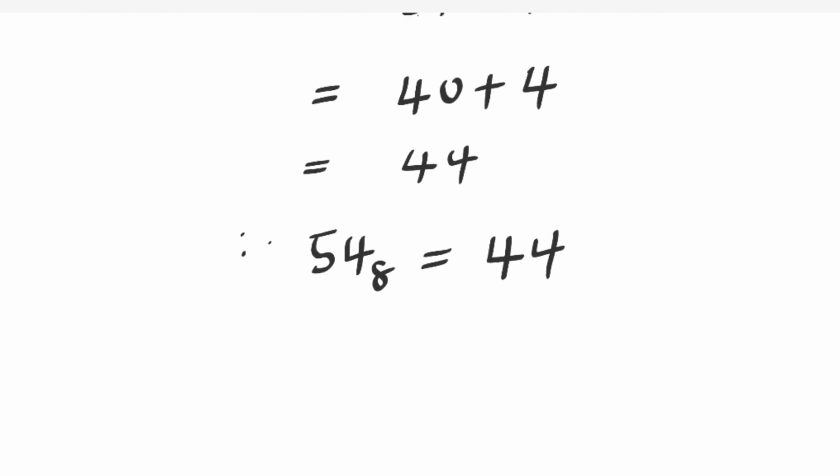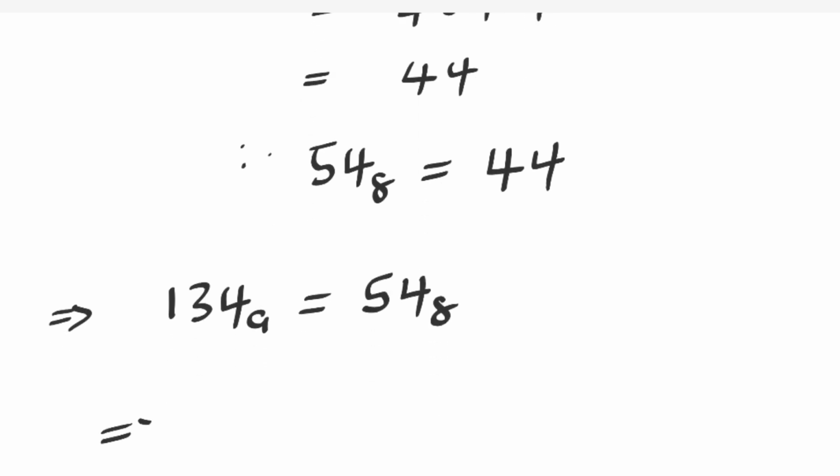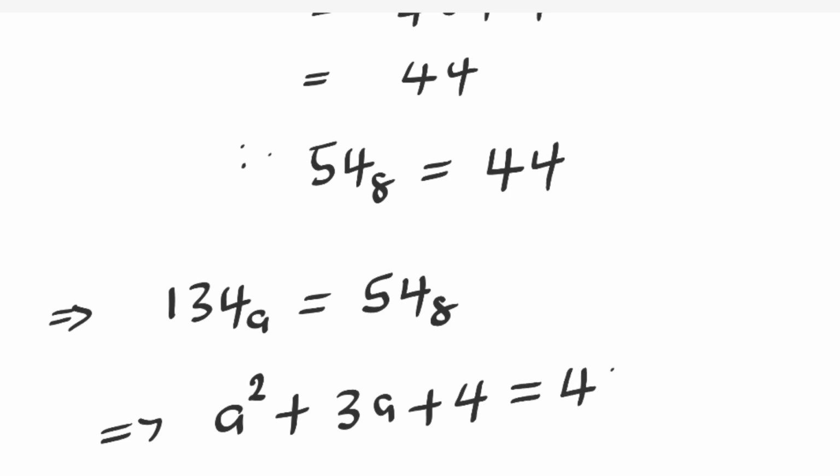Now, the equation becomes, we have 134a is equal to 54 base 8, and this is the same thing as a square plus 3a plus 4 is equal to 44.